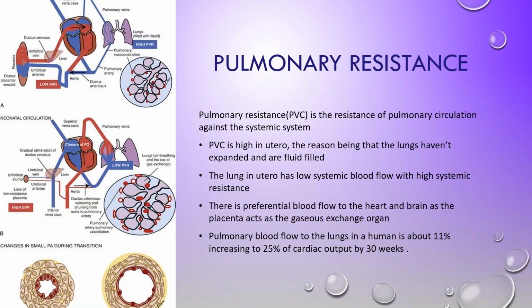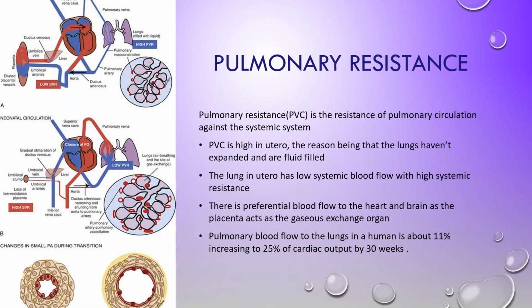The lungs in utero have a low systemic blood flow, okay? So there is very little blood there, that shunt that we talk about, and the preferential blood flow to the heart and the brain is happening now from the placenta. This is very important. Once again, we come back to preductal and postductal.